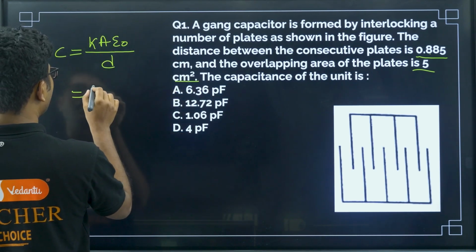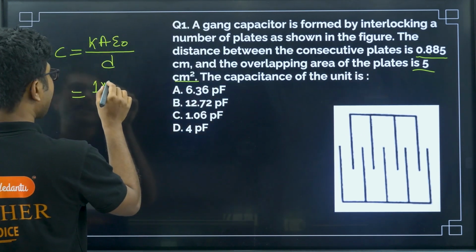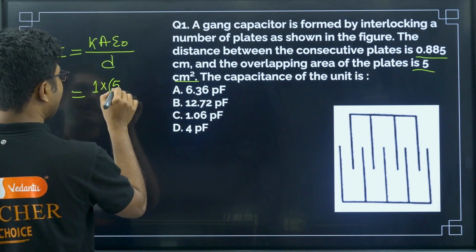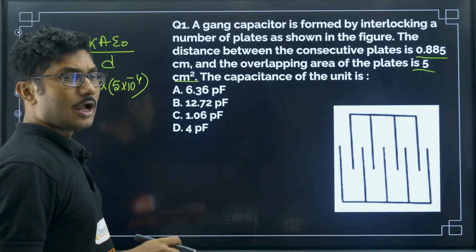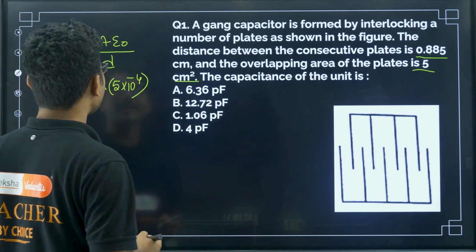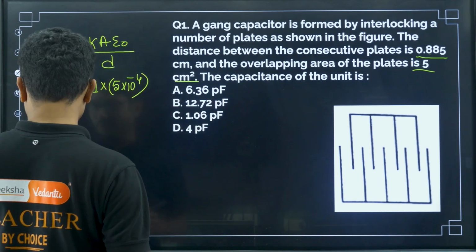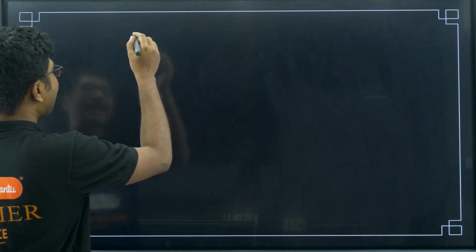So K is 1, area is 5 centimeter square, which means 5 times 10 to the power of minus 4 meter square. 5 will remain 5, only centimeter square will become meter square. We will put the value of epsilon naught as well. Let's move into the next slide and apply here.